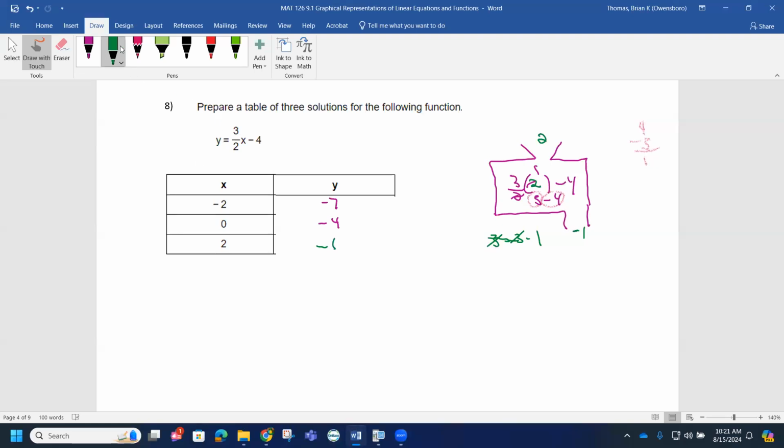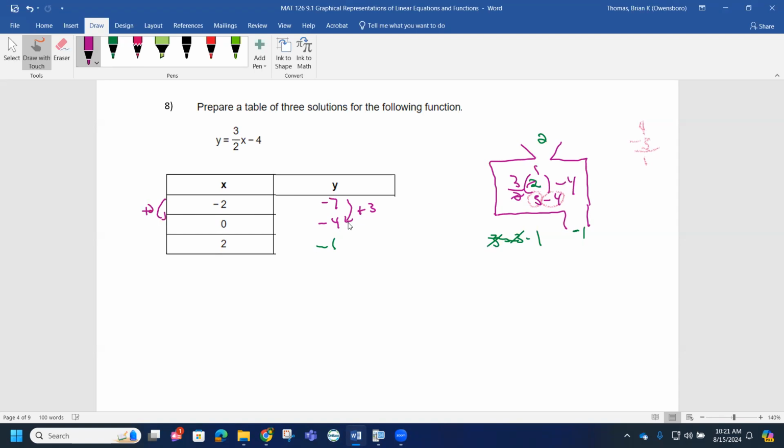So if I look at this over here, some things you can also pick up on are patterns. Notice that if you look at the y's, from a -7 to a -4, that's a change of 3. The x's, -2 to 0, that's an increase of 2.